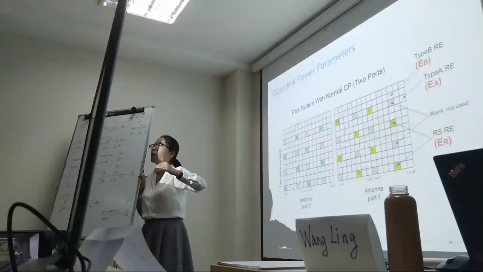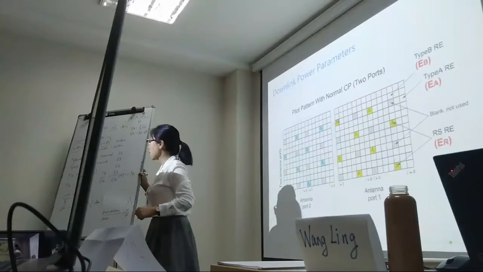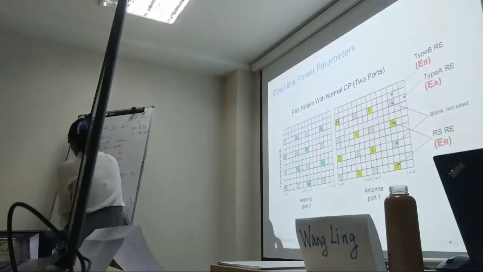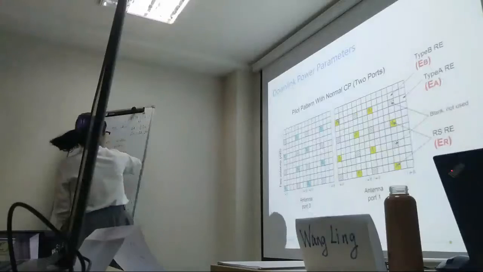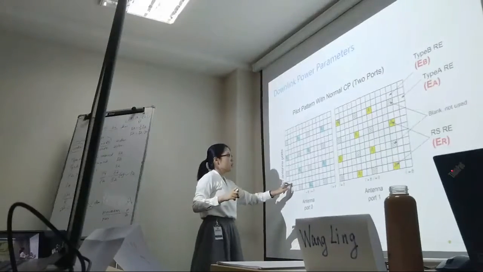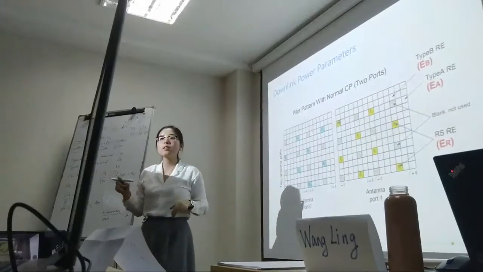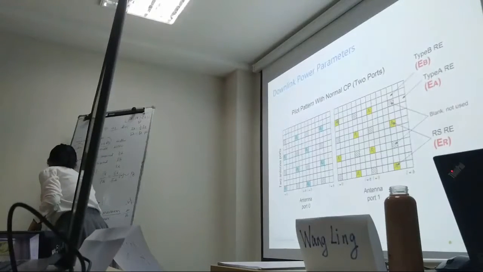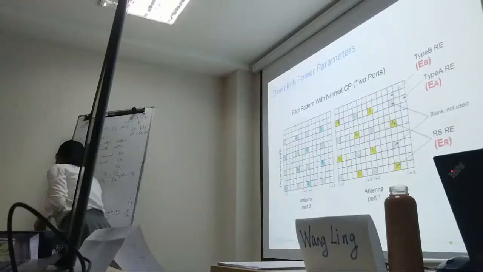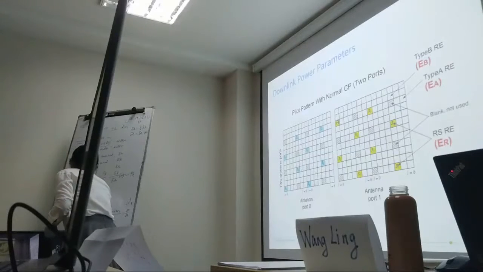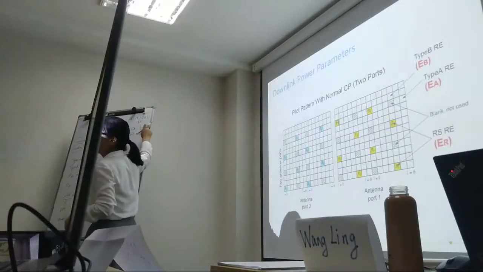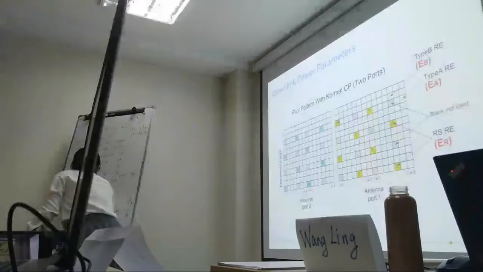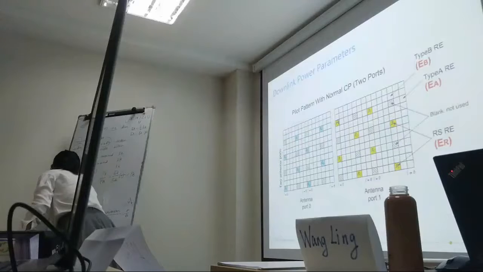It's just a coefficient. So for type A symbol, for one RB, how many RE does it contain? Type A contains 12 subcarriers. So for symbol A, it equals 12 EA, so it's totally 6 ER.